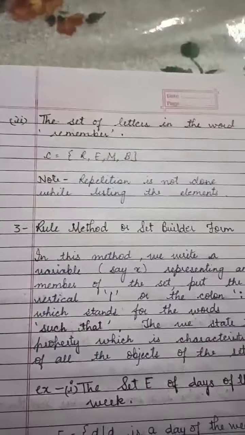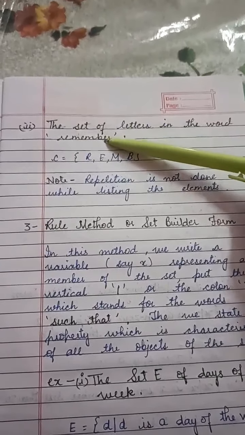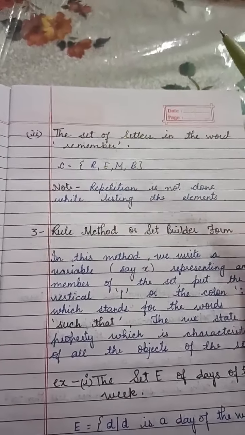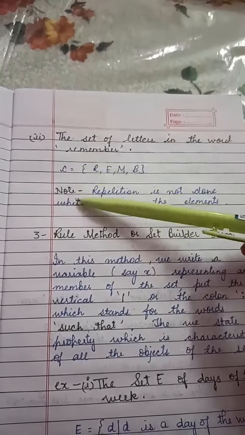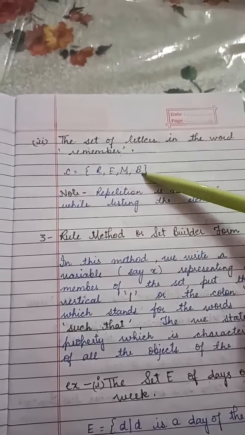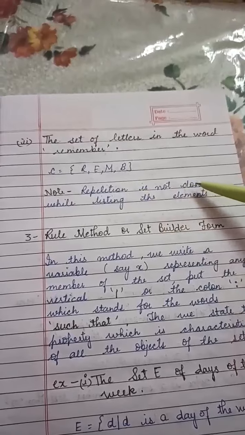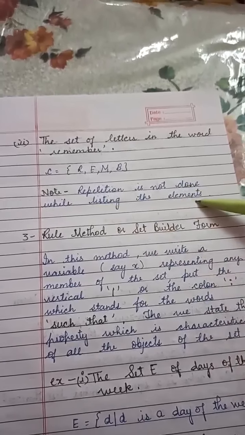See the second example. The set of letters in the word remember. So C equals R, E, M, B. Now what you have to note in this is that repetition is not done while listing the elements.